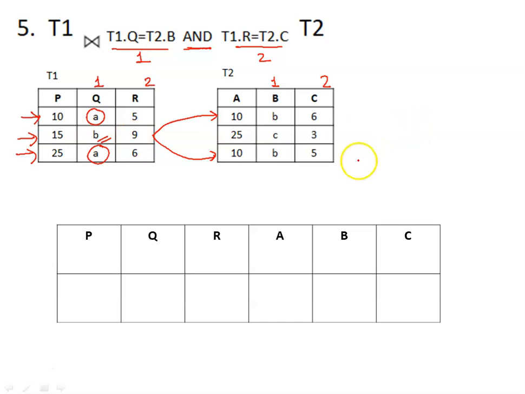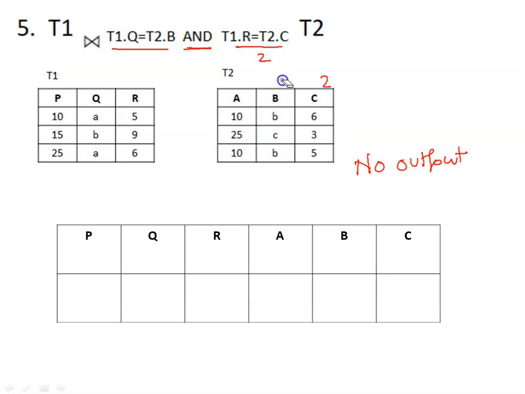So in this case, there won't be any output, since there is no match. So what we'll do is we'll do a small change to this particular query. Okay, we'll modify the query, change the join attributes to something else and see how the output varies.